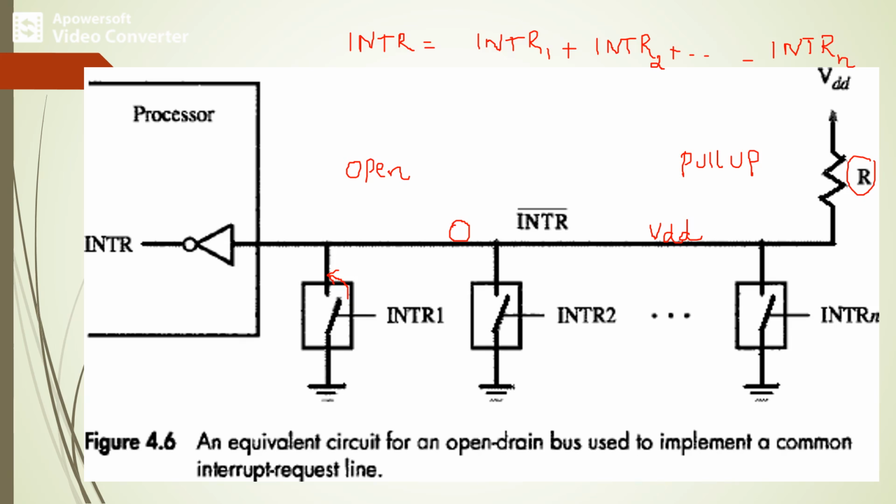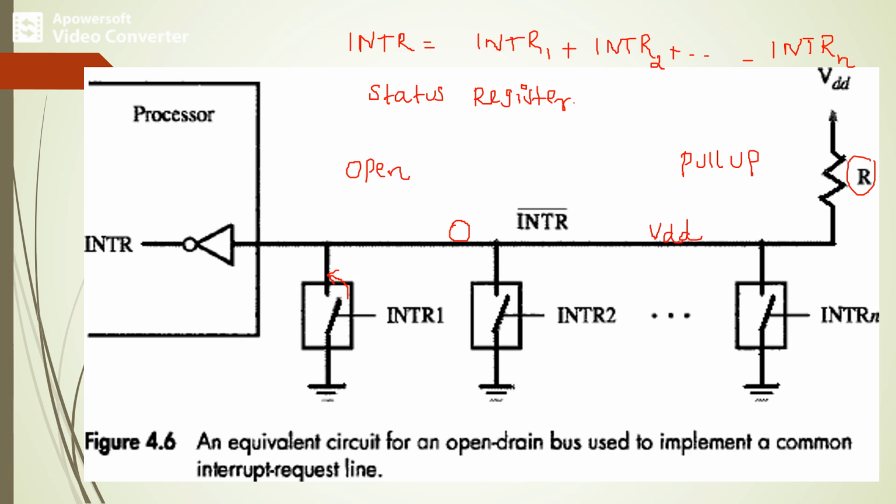When a request is received over a common interrupt request line, additional information is needed to identify the particular device that has activated the line. This information is available in the status register. Suppose you have n devices connected to the single interrupt request line.